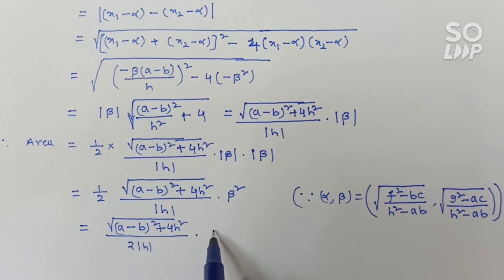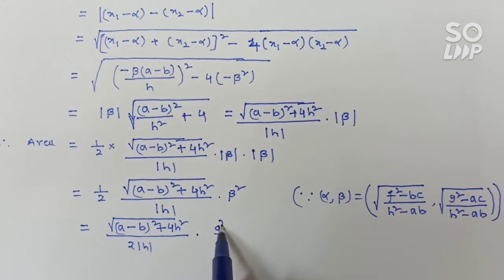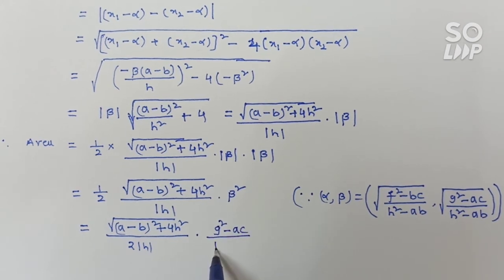Beta is equal to this one, (g square minus ac) by (h square minus ab).